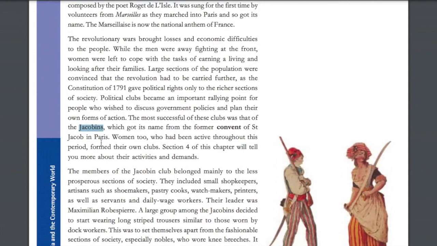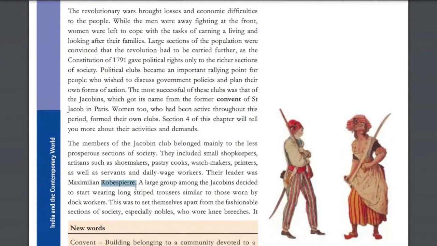So now we come to the Jacobin Club. Who was the leader of the Jacobin Club? Maximilian Robespierre. I want you to write it down. Maximilian Robespierre was the leader of the Jacobin Club. The Jacobin Club included small shopkeepers, artisans, shoemakers, pastry cooks, watchmakers, printers, as well as servants and daily wage workers.